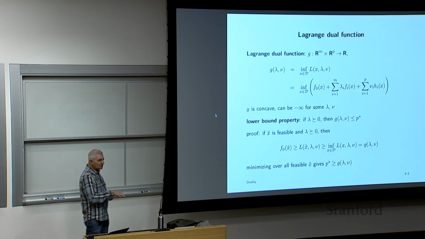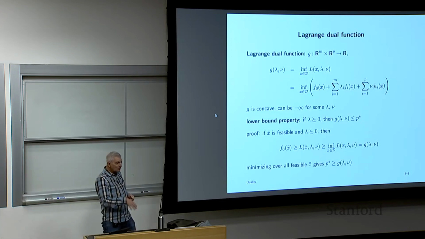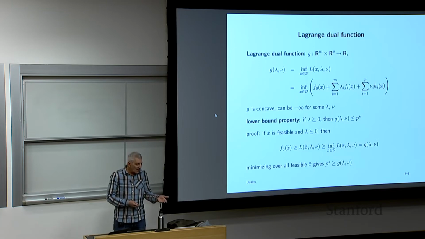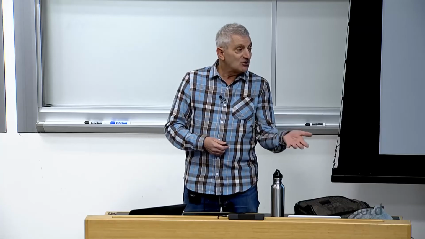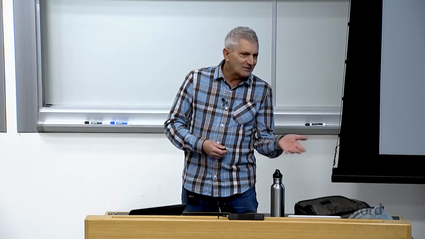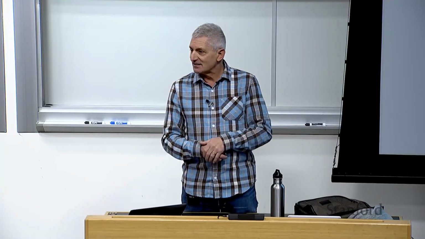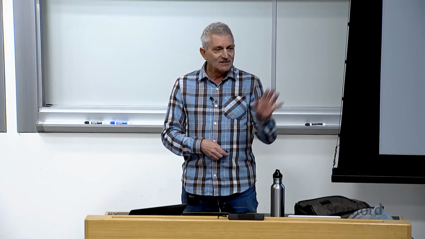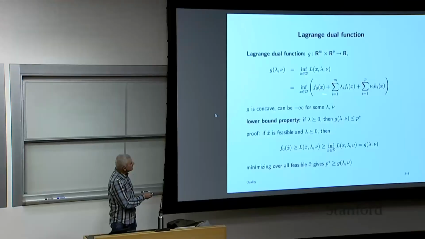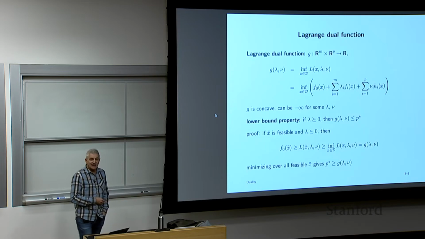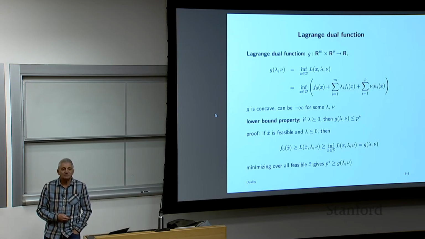If you remember, one interpretation of a conjugate function was that you interpreted y as a vector of prices, and then the conjugate function was the optimal cost, the minimal cost, as a function of the prices. I don't know if you remember that interpretation. This is exactly that. If you think of these as prices, which you will shortly, then the dual function is the optimal cost as a function of the prices, right?